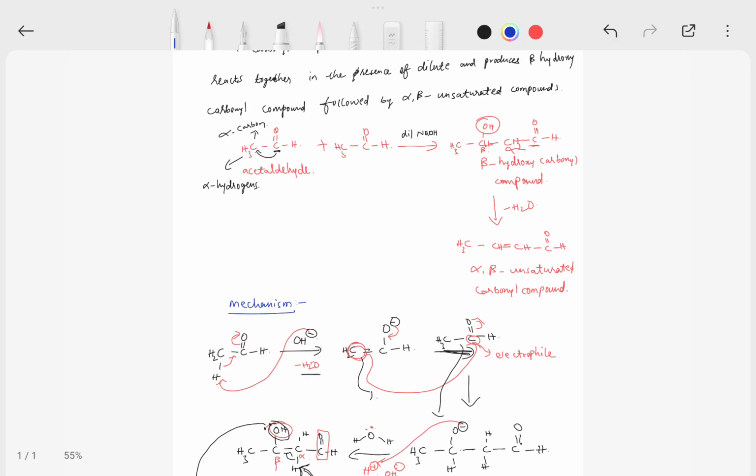Any two carbonyl compounds, with at least one carbonyl carbon having alpha hydrogens, react in the presence of dilute base and give, students, a beta hydroxy carbonyl compound, and after that, followed by removal of water, an alpha, beta unsaturated carbonyl compound forms. That is all about this aldol condensation reaction. Thank you.